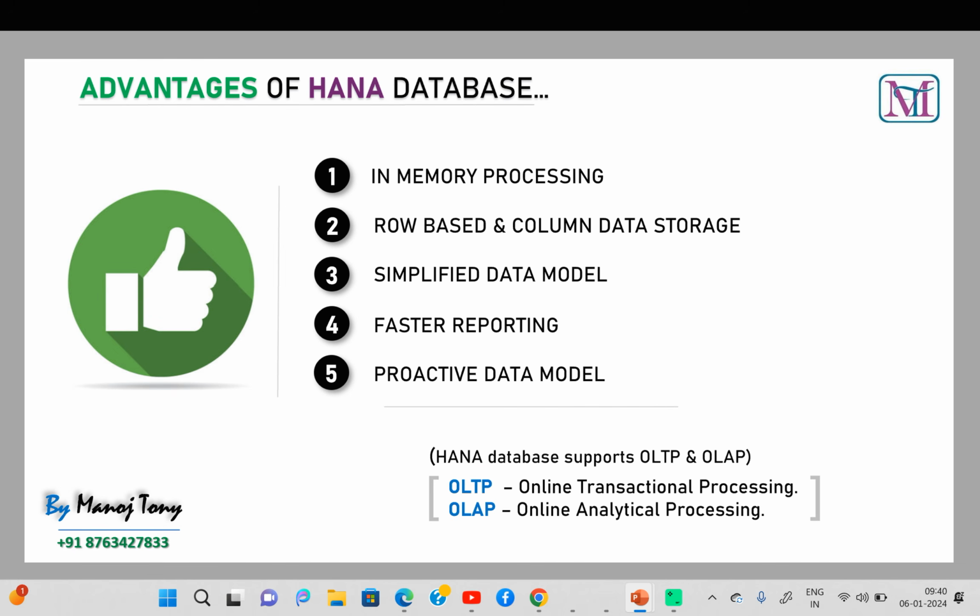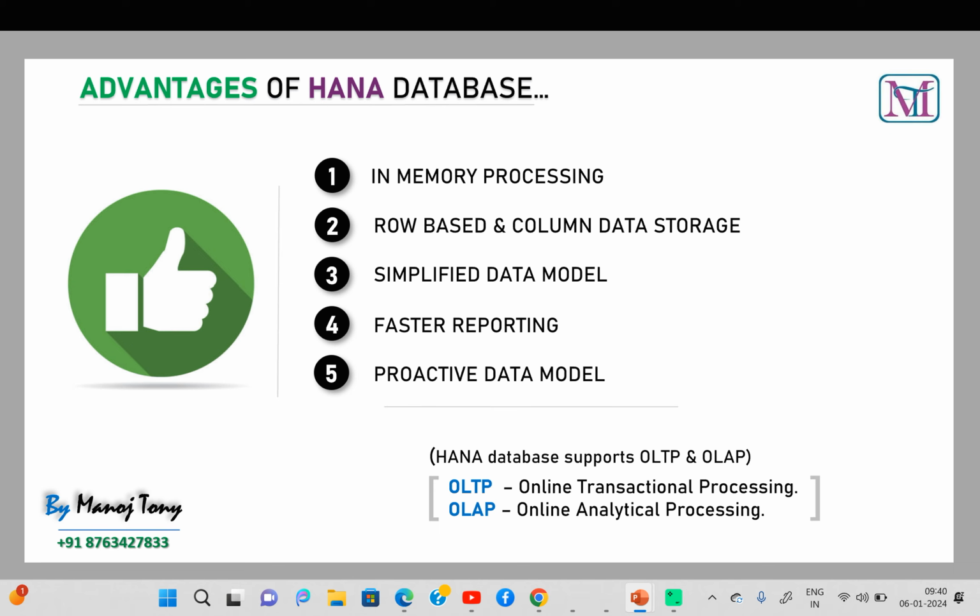So what is OLTP and OLAP? OLTP stands for online transactional processing. OLAP is online analytical processing. OLTP and OLAP help to run the transaction and report immediately, so you can get the live report.